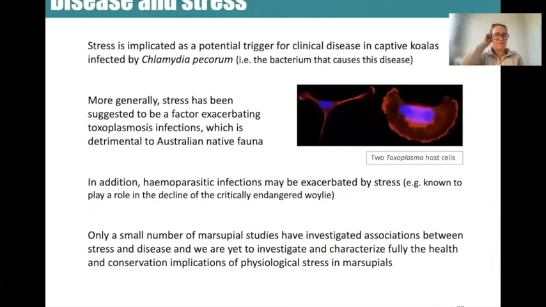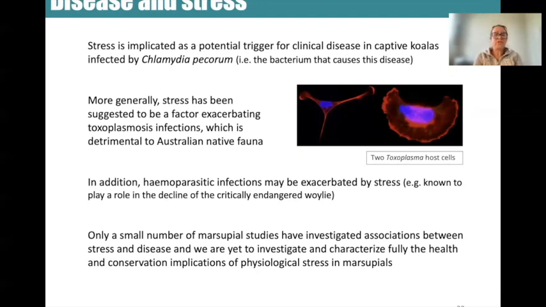So just to finish up today, we mentioned that disease is recognised to be a stress, but how are disease and stress associated? Stress is implicated as a potential trigger for clinical disease in captive koalas infected by chlamydia. So we mentioned that previously.